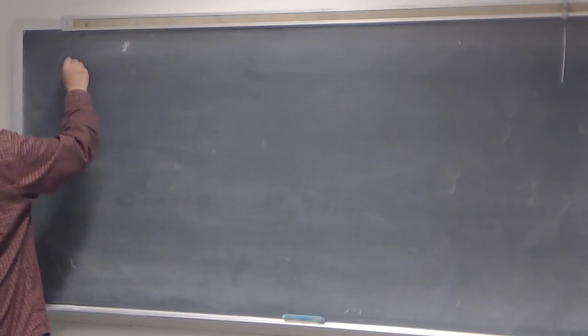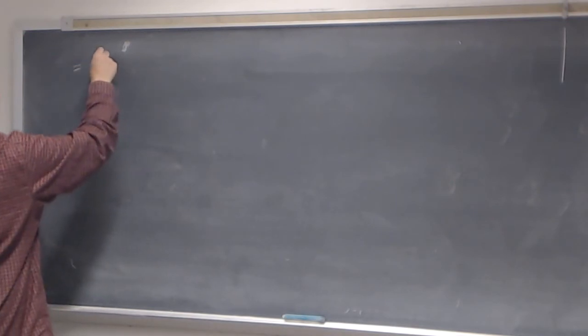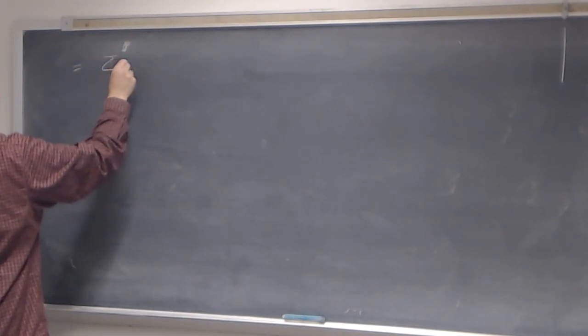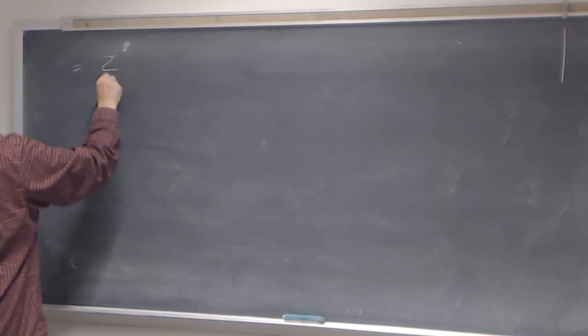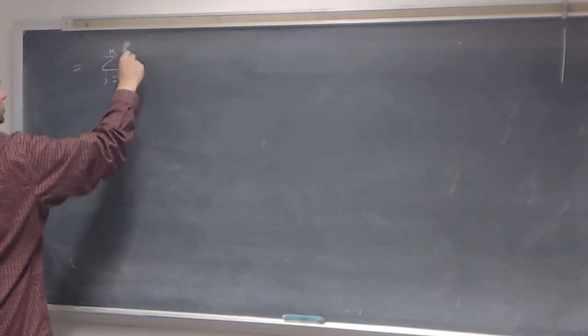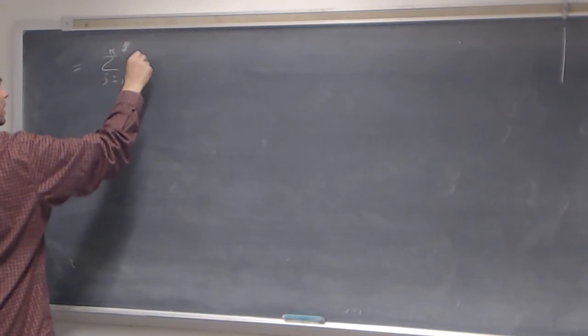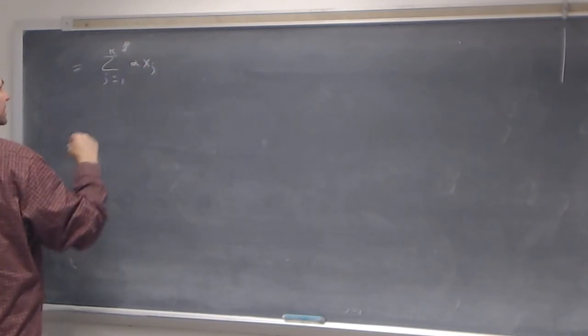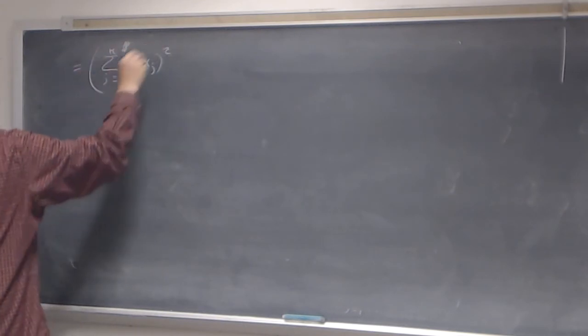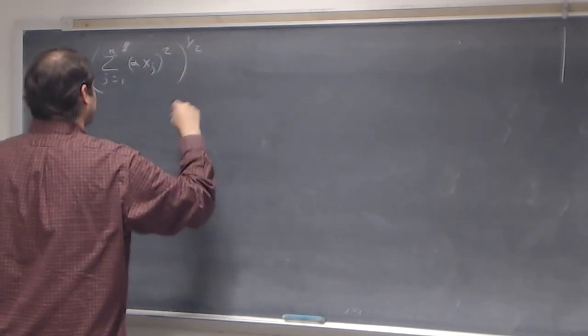So that's equal to the sum as j runs from 1 to k. This norm is going to be each coordinate, so alpha times x sub j is each coordinate. You have to square that and take the square root of it, so raised to the 1/2 power.